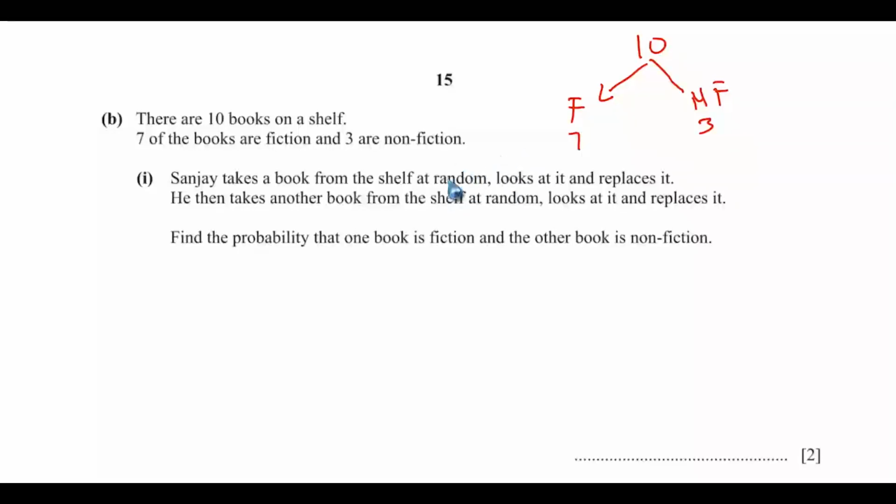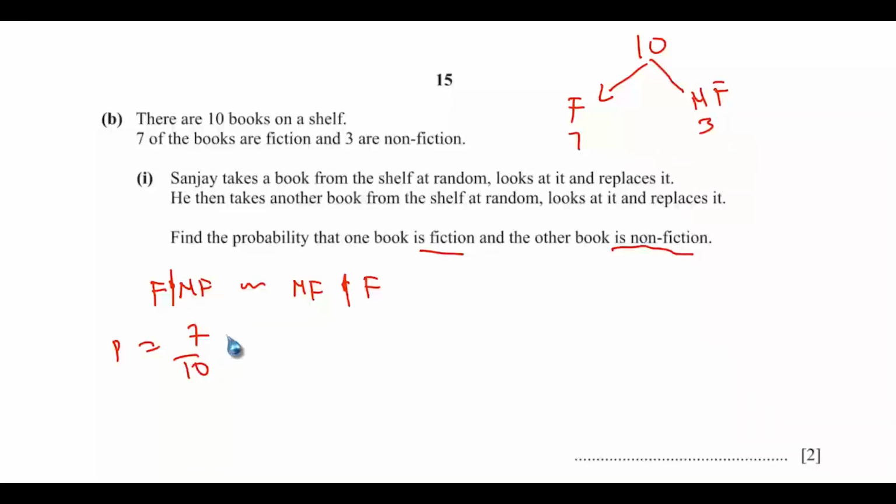So this is selection with replacement. We want to find the probability that one book is fiction, that is F, and the other is non-fiction. This can occur in two ways. It can be fiction first, then non-fiction next, or it could be non-fiction first, then fiction next. So the probability will be equal to fiction first, that is 7 out of 10.